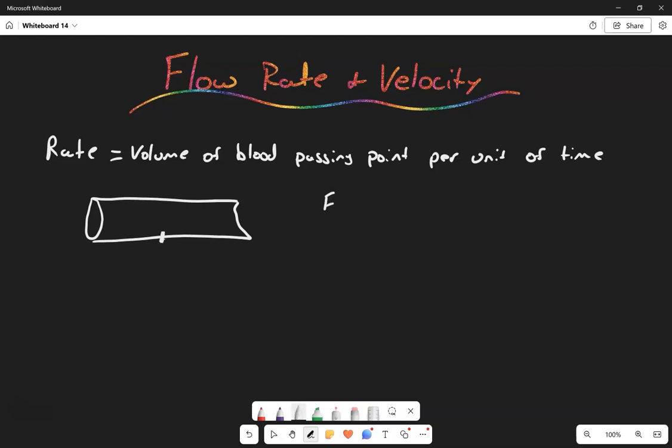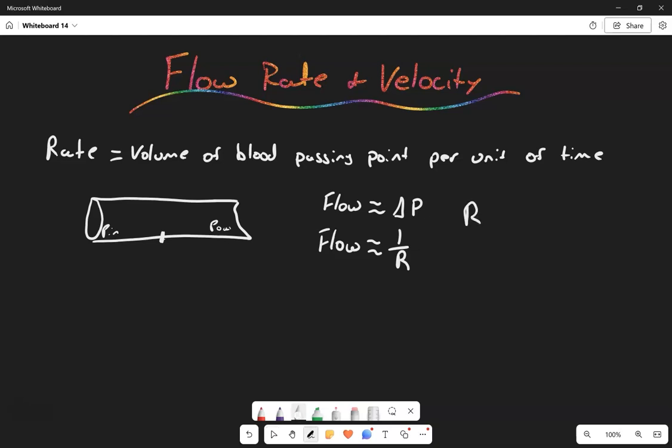So we know that our flow is proportional to the change in pressure from the inlet pressure to our outlet pressure, right? But our flow is inversely proportional to the resistance. So the resistance is the opposing force to the flow.